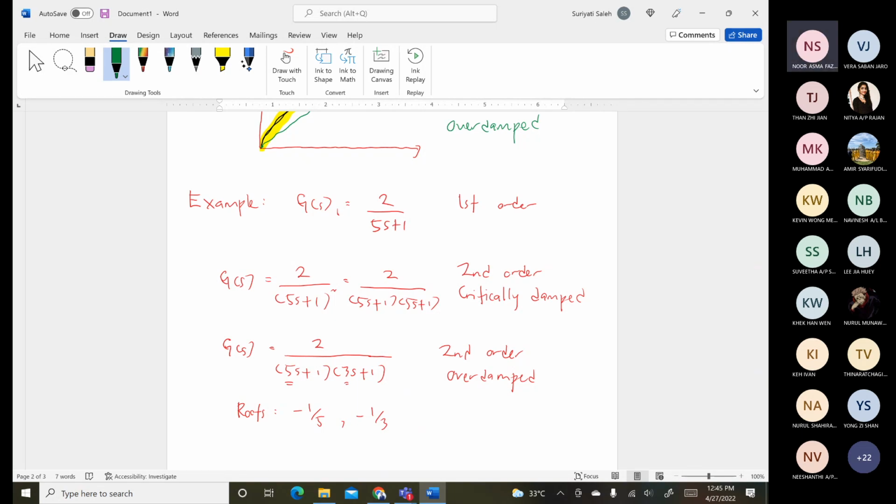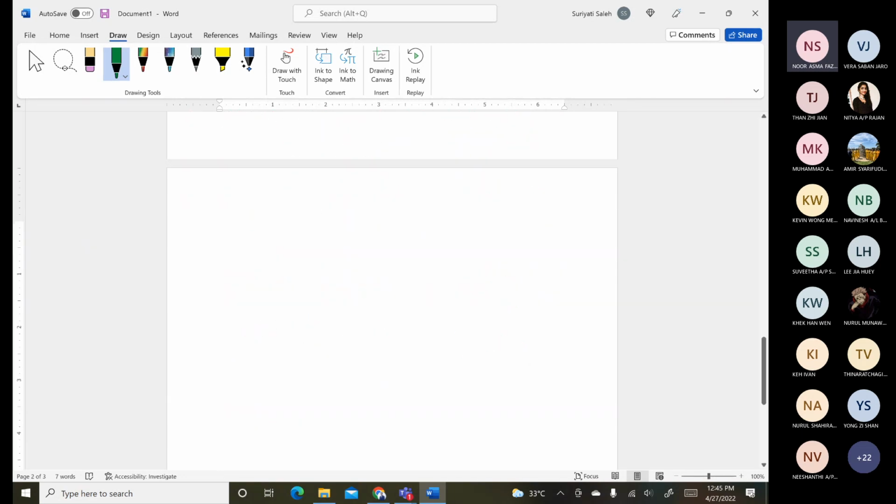So here what we can observe on the second order critically damped is the equation, the denominator. Both of the denominators, if we take a look, can be factorized. When you can factorize it, you can obtain the two roots, where we normally have what we call real roots. So for example, let's say you have 15s squared plus 8s plus 1.